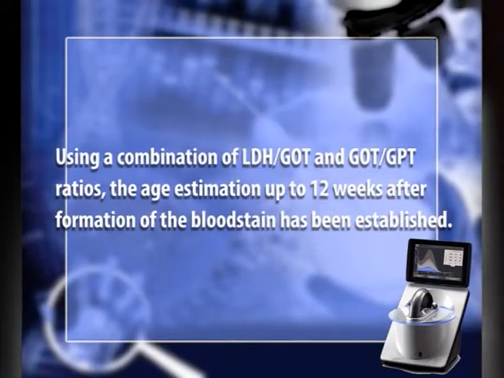Using a combination of LDH-GOT and GOT-GPT ratios, age estimation up to 12 weeks after formation of the blood stain has been established. In this method, the blood stain is removed, followed by extraction with saline. The sample so prepared is then subjected to labeling of the enzymes and is detected at the wavelength of 340 nanometers.